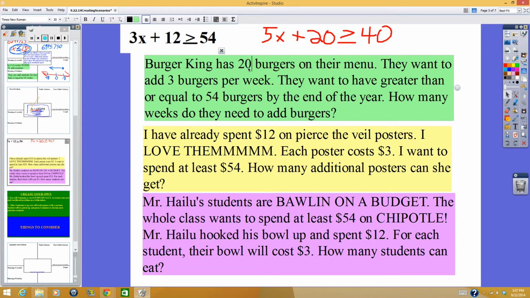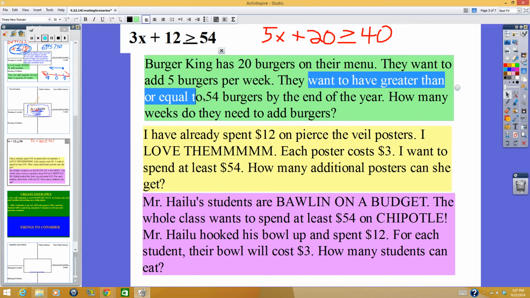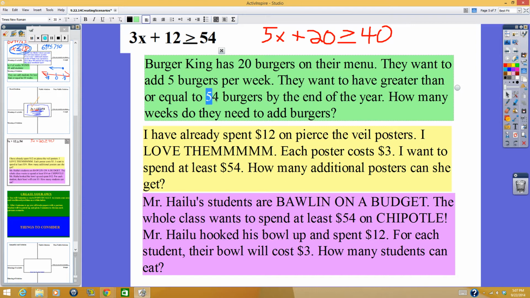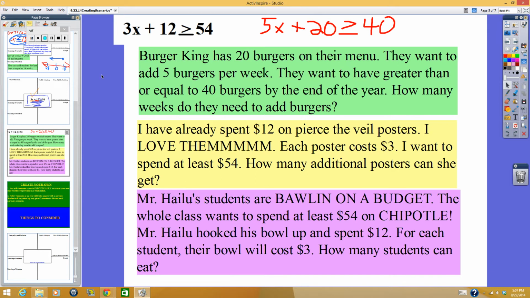And since the 5 is the coefficient next to the variable, I would be adding 5 burgers per week. And it says they want to have greater than or equal to 40 burgers, right? So you can literally make up any kind of situation that you want.